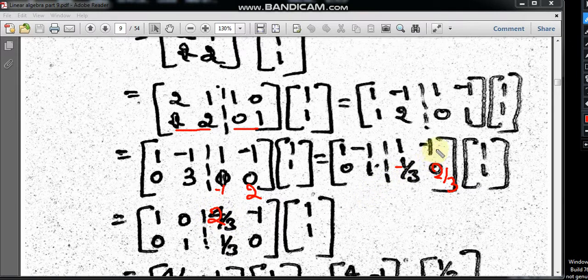And here minus 1 minus 2 by 3, that is minus 3 minus 2, minus 5 by 3. And if I multiply, check this, this becomes your inverse, 2 by 3 and minus 5 by 3. So if I add them, I'll be getting what? 3 by 3, that is 1, and here I'll be getting it as 2 by 3.